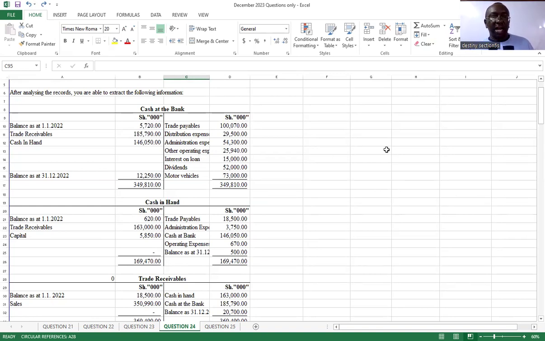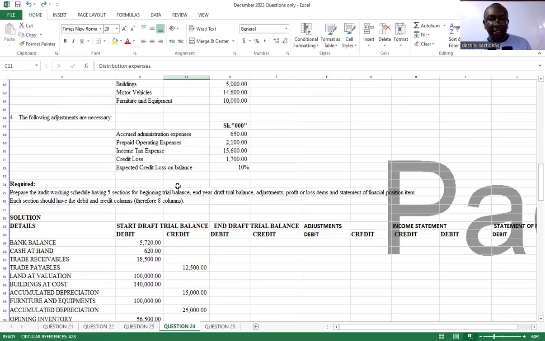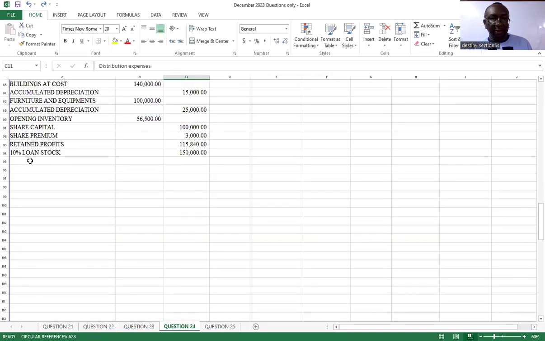If I were to start from this side, the trade receivables we have already captured. Cash at hand, it is already captured. Then we come to the trade payables. They are already captured. But something like distribution expense, we have not captured. So we come here and bring it here, distribution expense.